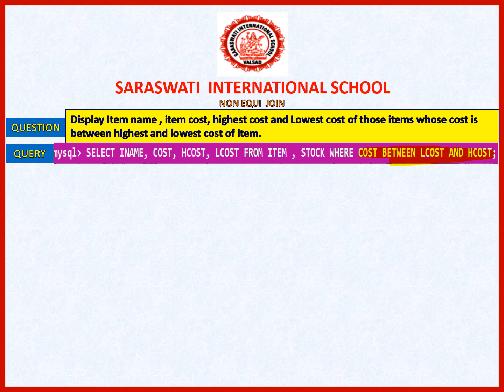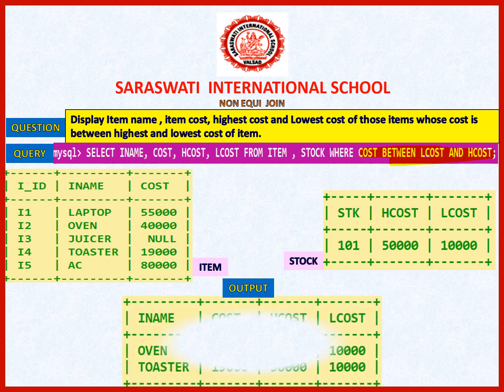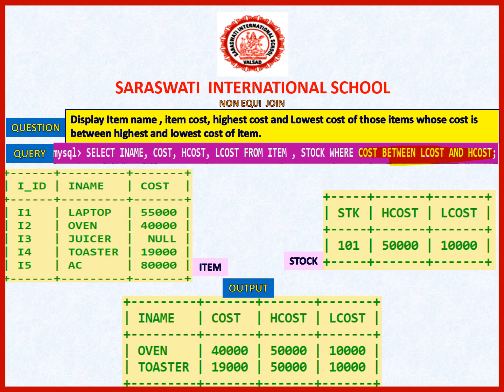Now see the records inside the tables item and stock. There is only one record in the stock table where H cost and L cost are mentioned. Now see the output. Now we will understand how this output is generated.